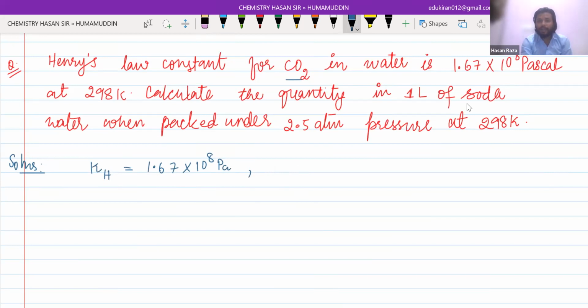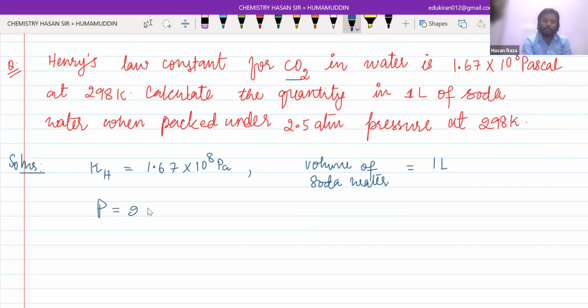Calculate the quantity in 1 liter of soda water. The volume of soda water is given as 1 liter. And also calculate the quantity when packed under 2.5 atm.